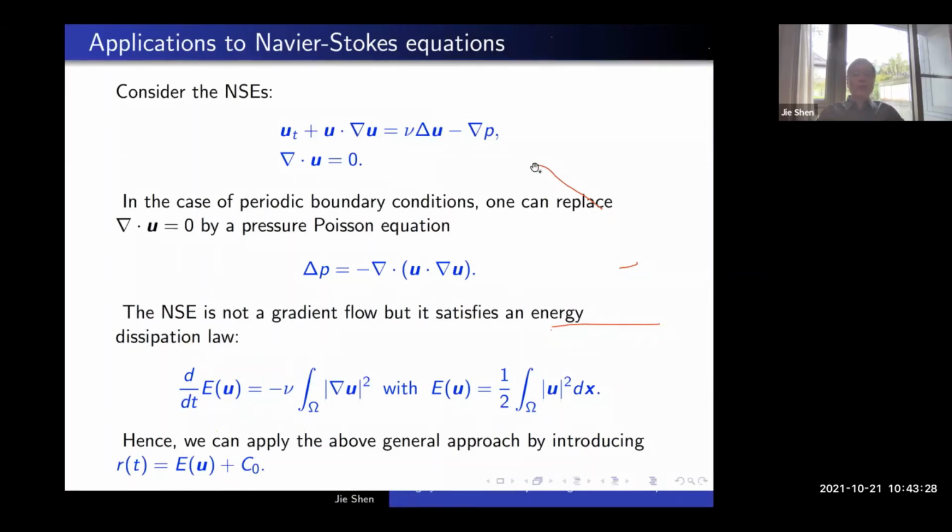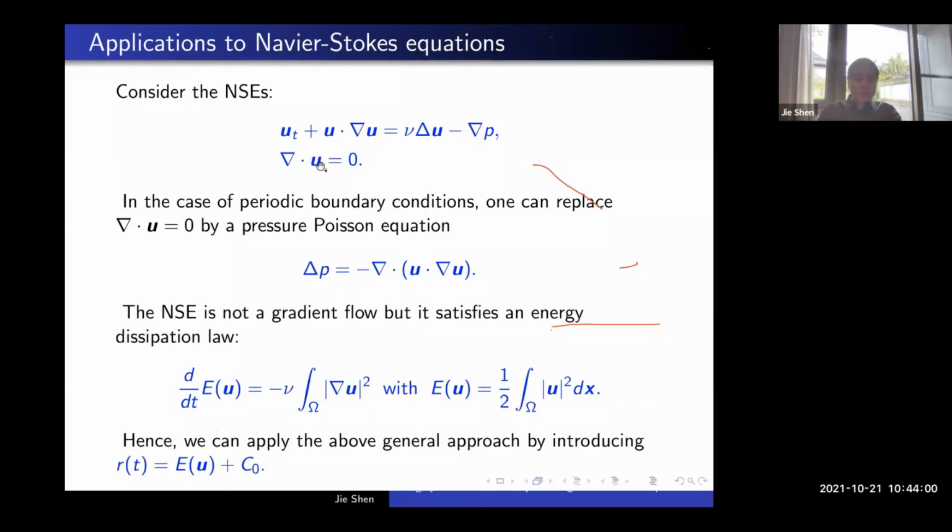Okay, now I will spend some time to talk about the application to the Navier-Stokes equation. We know that the Navier-Stokes equation is a dissipative system, but it's not a gradient flow. It's a foundation for computational fluid dynamics for incompressible fluid dynamics, so it's very important to have an efficient and accurate scheme.